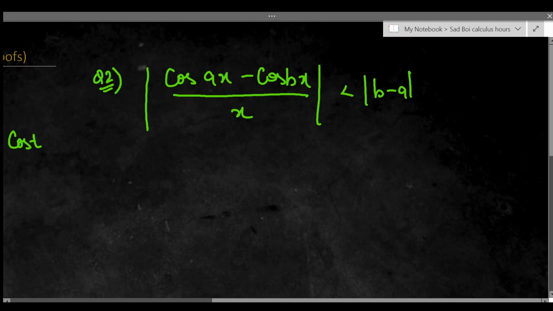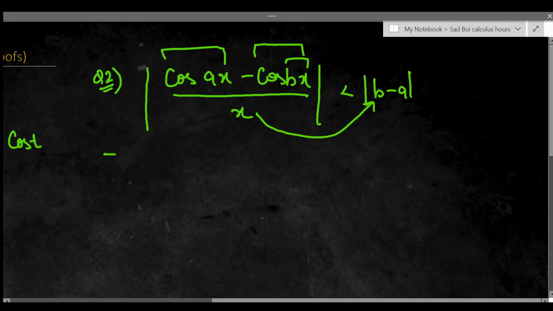Again we have something of the form f of x minus f of y. If we multiply this x over there, we're going to get the angle. So this is something of the form modulus of f of x minus f of y is less than or equal to modulus of x minus y. Sorry, y minus x, it's the same thing because we have the modulus.